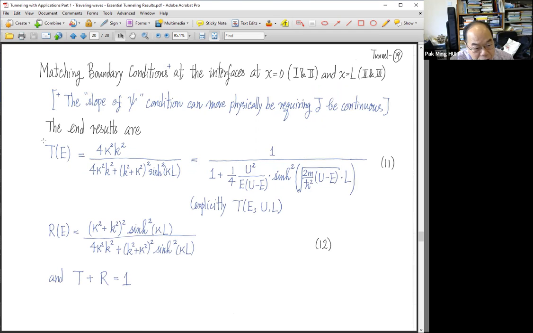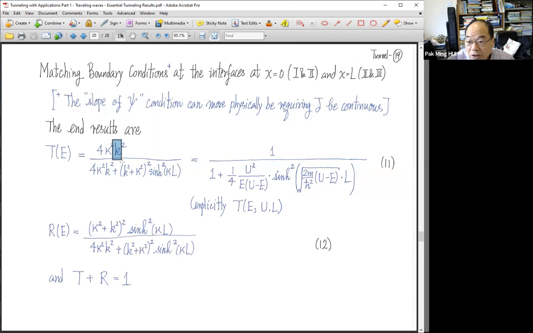So the transmission coefficient as a function of the energy below the barrier is given by this ugly formula. And then if you write everything out, k is the wave vector on the 2 sides.